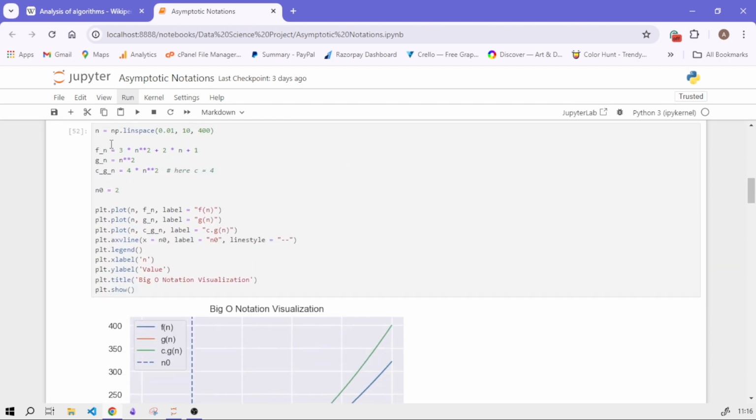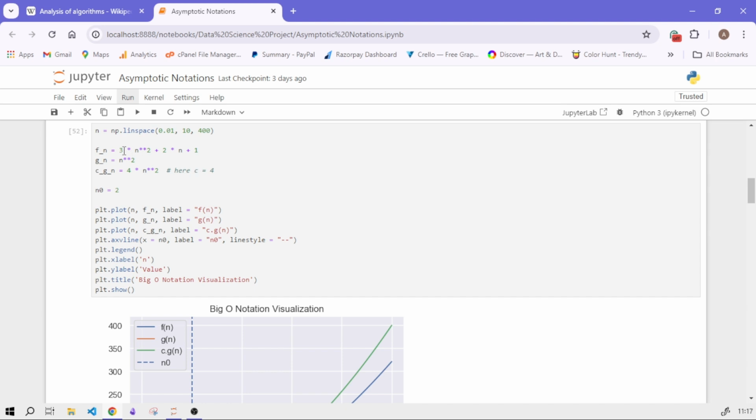So here we have a function f(n), then we have g(n), which is nothing but the first bigger term from this function, and then we have c g(n). So c is something that we have taken on our own, so you have to figure out c on your own. There is no particular rule, you can simply take any c.